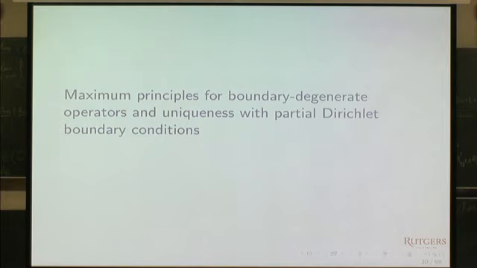The ones I'll give you are a little bit different in flavor because they make no distinction about the so-called sign of the Fichera function that Fichera defined in his papers. Rather, we just ask that the solution have a certain regularity property up to the boundary where the PDE becomes degenerate.